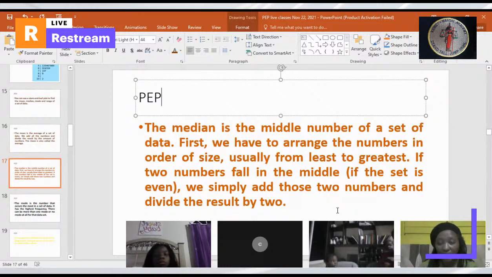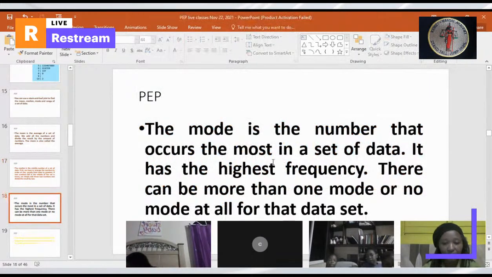And we're going to be doing this as we look at some samples of the stem and leaf and interpret them. The mode is the number that occurs the most in a set of data. It has the highest frequency.